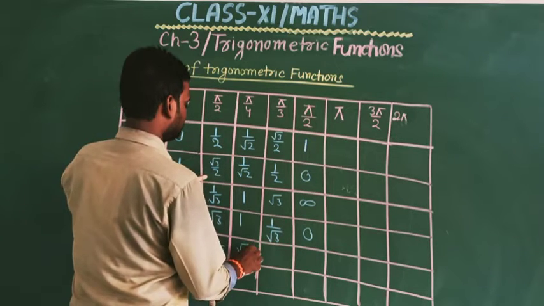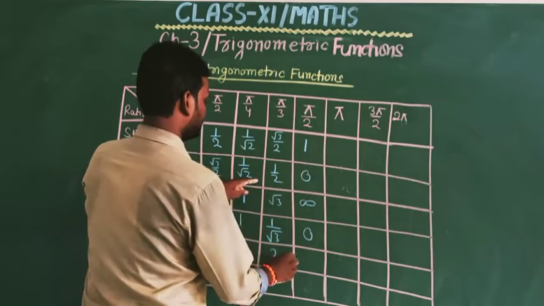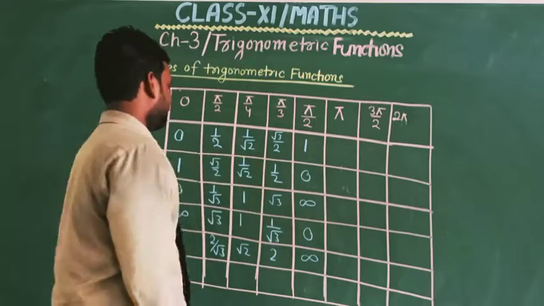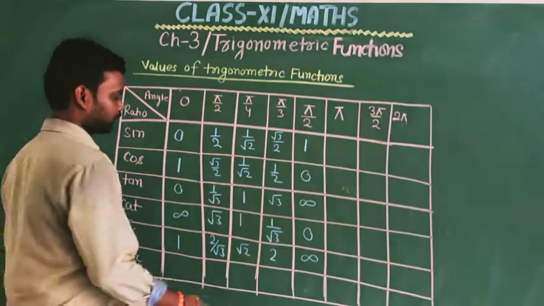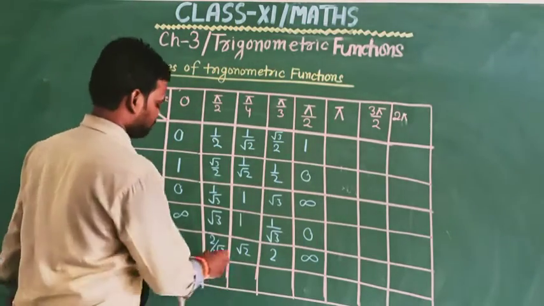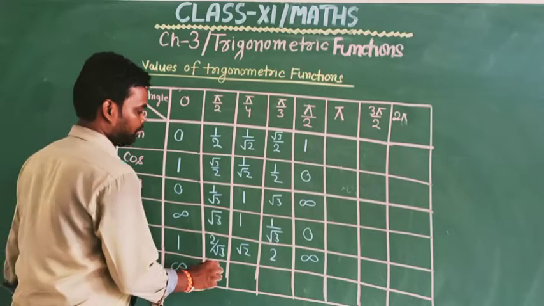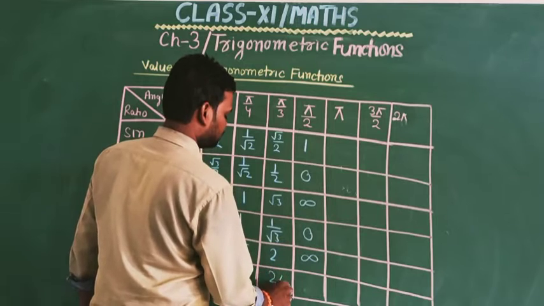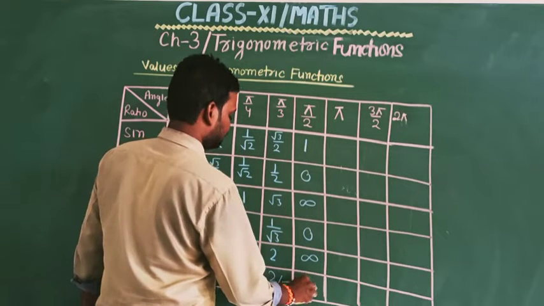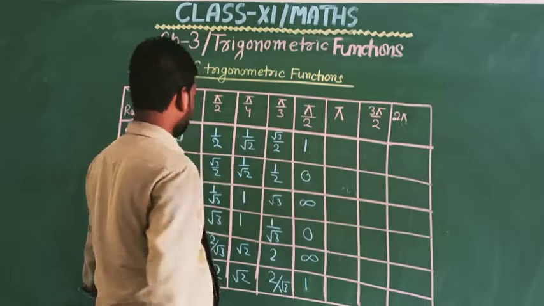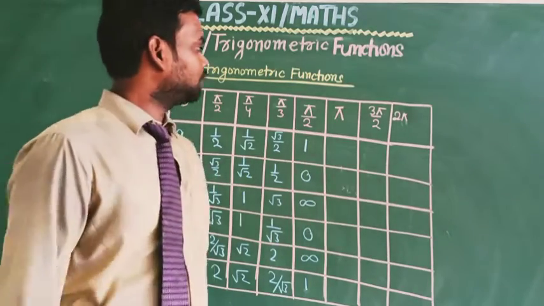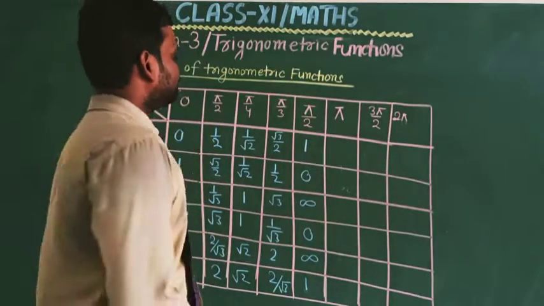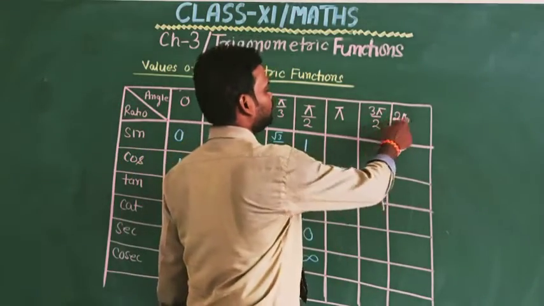This is root 2, this is 2, and this is infinite. And again cosec is the reciprocal of sin. So here write infinite, 2, square root 2, and this is 2 by root 3 and 1. Okay, this is 1.